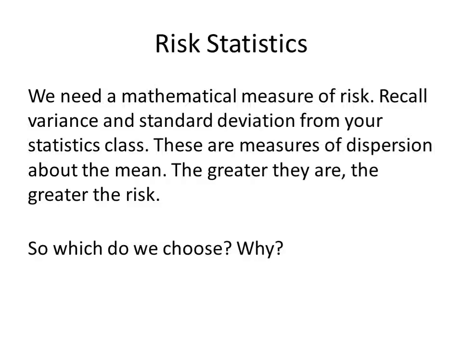Now the question is, which one do we use? And the answer is standard deviation, and here's why. The units of variance for returns of financial securities is percent squared. Have you ever heard anybody talking about percent squared as a unit? Now it's very confusing, and it's hard for us to comprehend what that means.